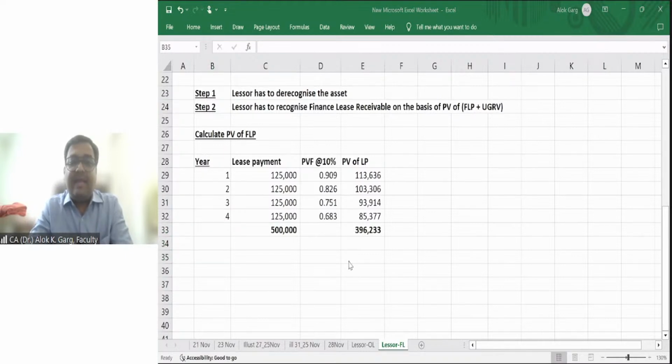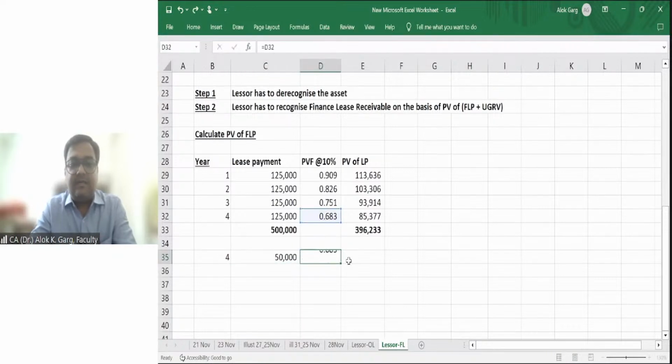This is the present value of lease installment. At the end of year 4, there is also a payment of unguaranteed residual value.